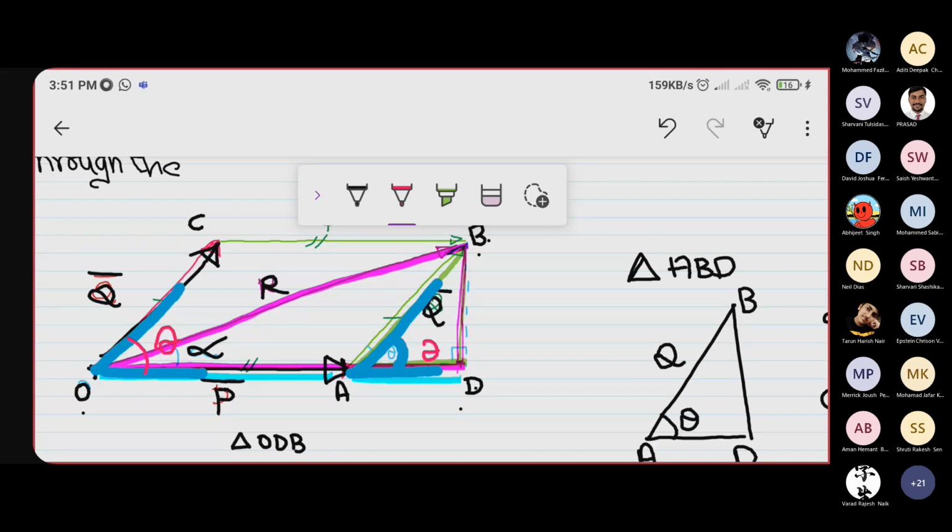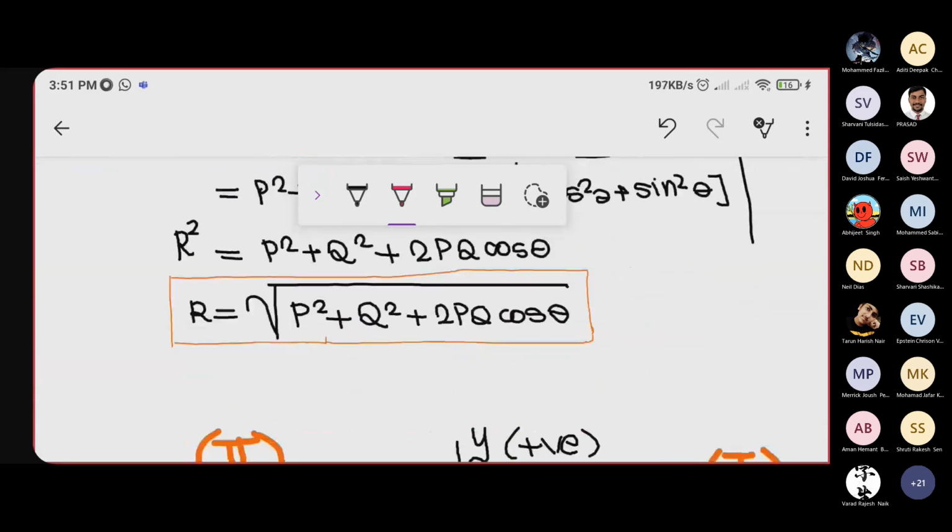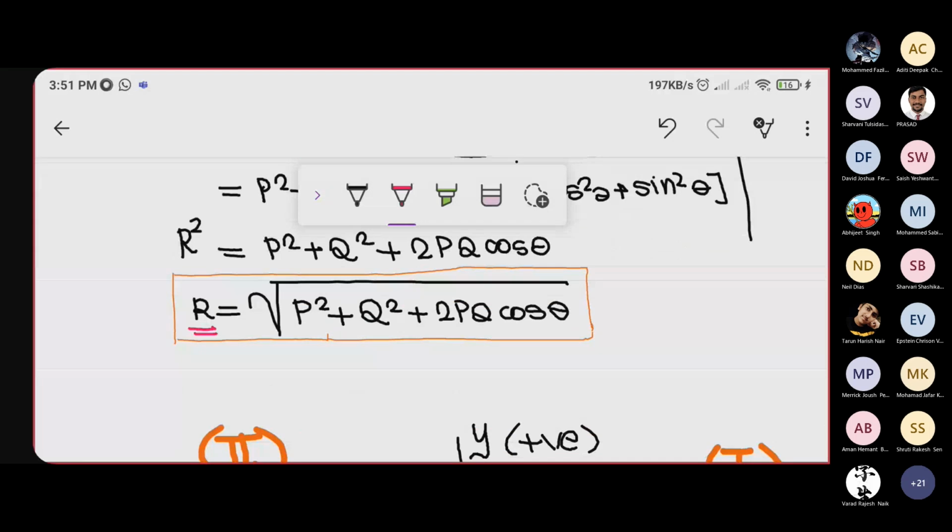So this angle also will automatically be theta. Why? Both are parallel. Both angles included by those two lines are parallel to each other. Okay. So what we understand from this equation is that the resultant is equal to the square root of the square of one force, plus the square of the other force, plus 2 times the product of the two forces and the cosine of the angle included between them.